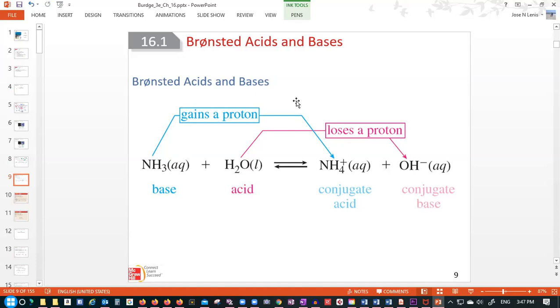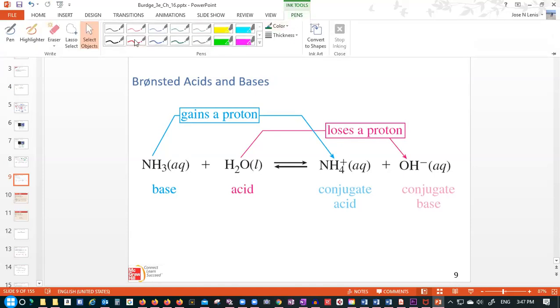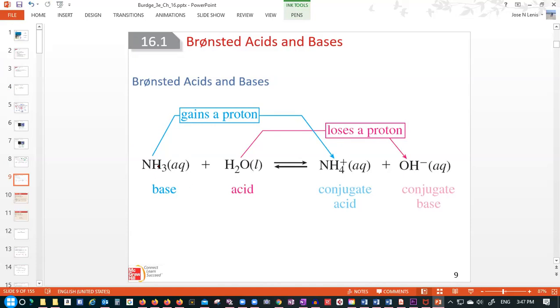Here, it is important to observe this other behavior. Ammonia is considered to be a weak base. And water is also a weak acid.